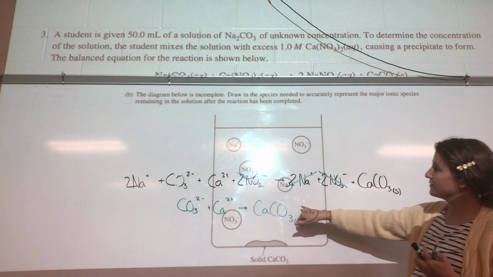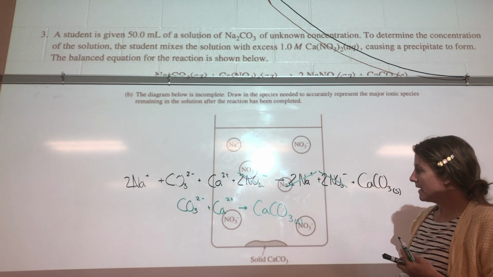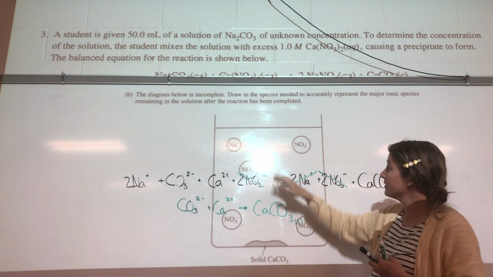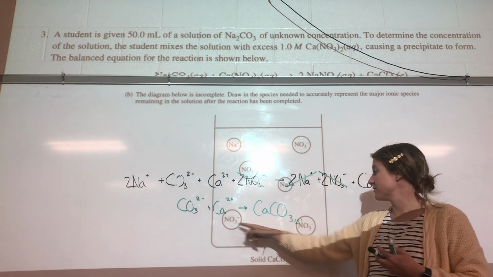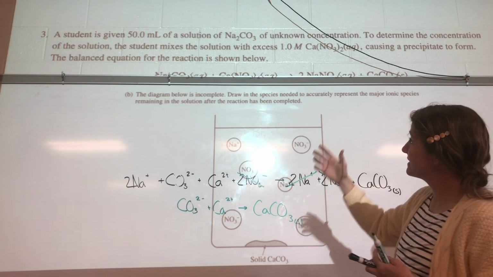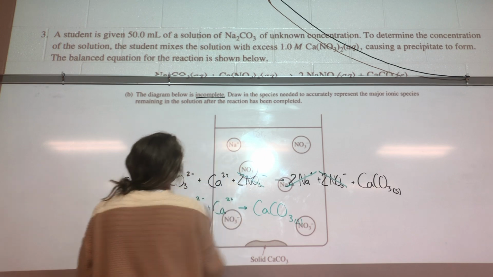Now, if you look at your net ionic equation, we see that these 2 things are forming the precipitate, which is down here. You always should have spectators floating around because they're just spectating. And because they're telling you it's incomplete, go back to the given information.